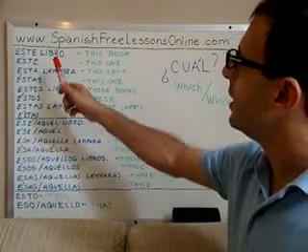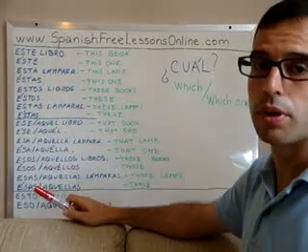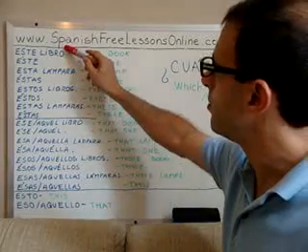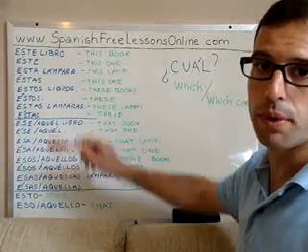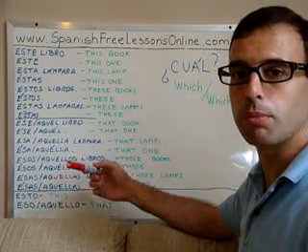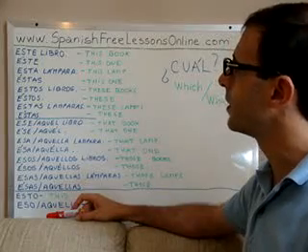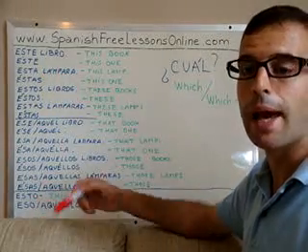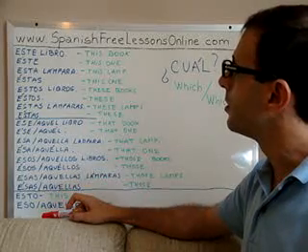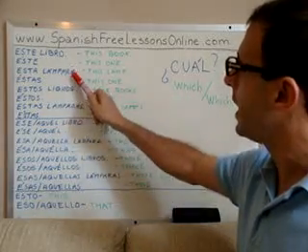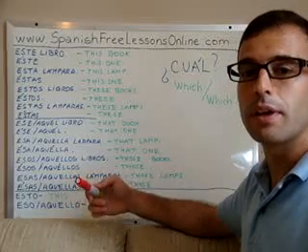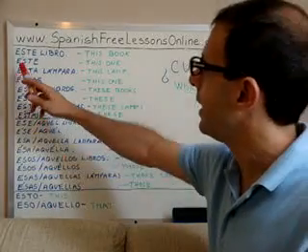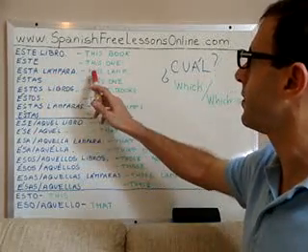So, libro, book, is masculine. El libro, typically ending in an O, as most masculine words. Lámpara means lamp, a lamp. Lámpara, ending in A, is a typical feminine noun. So, esta lámpara, this lamp.